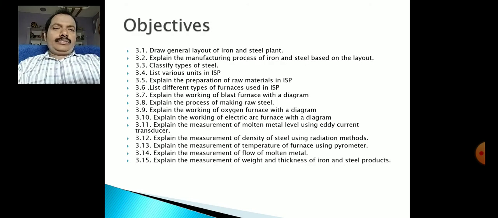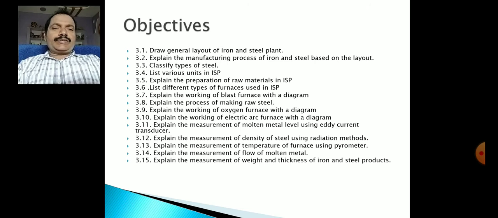So, in that, we have discussed different types of steels and units in ISP, and the raw materials preparation in the ISP.